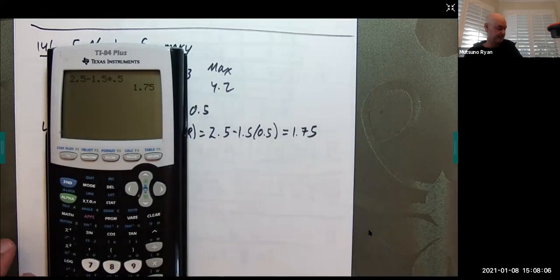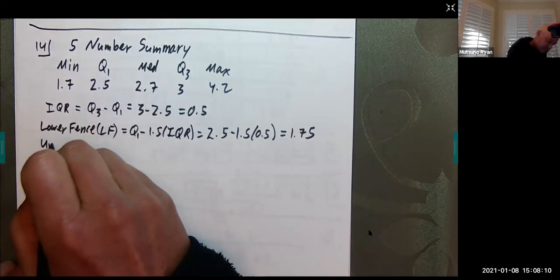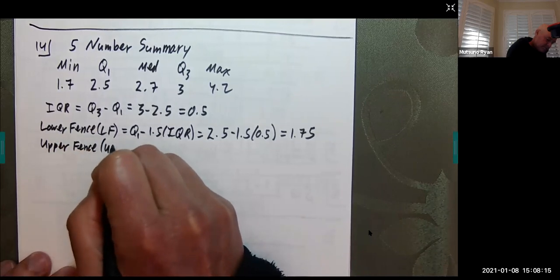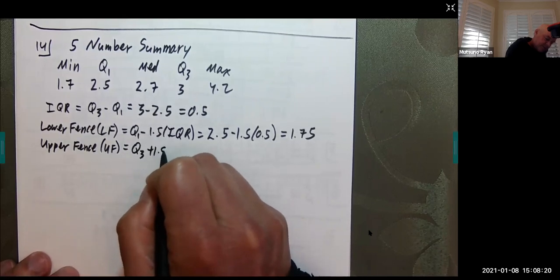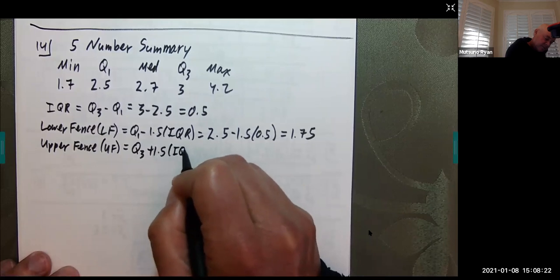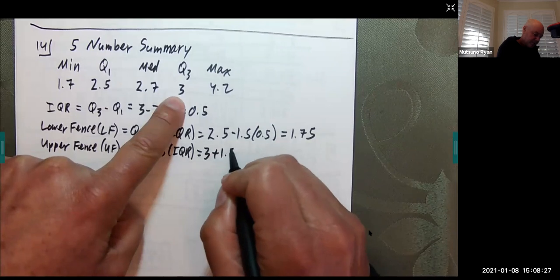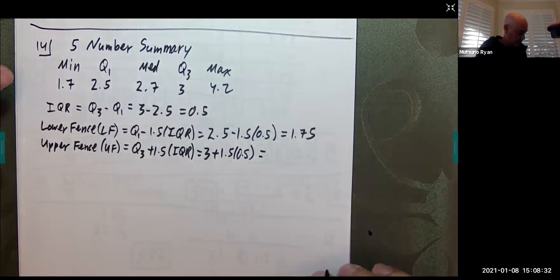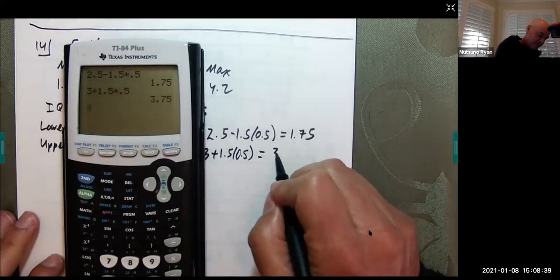That is our lower fence. Our upper fence is Q sub 3 plus 1.5 times the IQR, which in this case is 3 plus 1.5 times 0.5. 3.75.